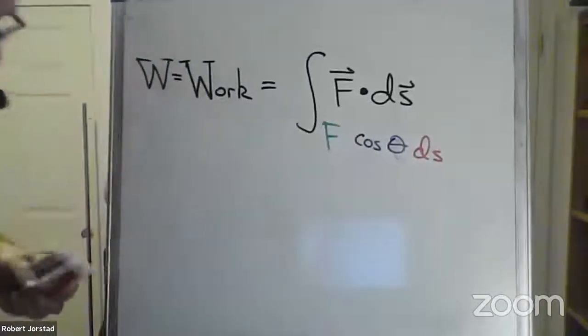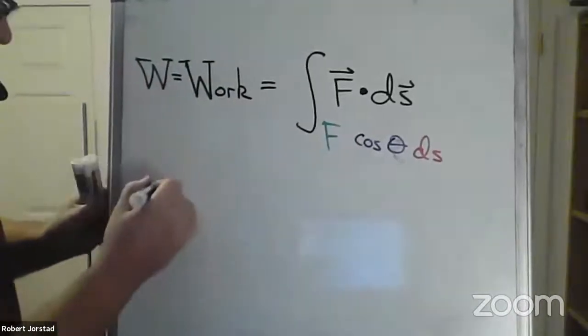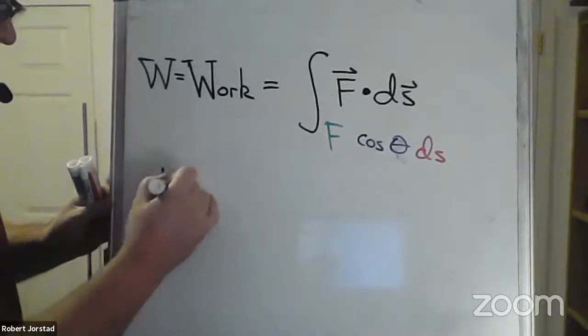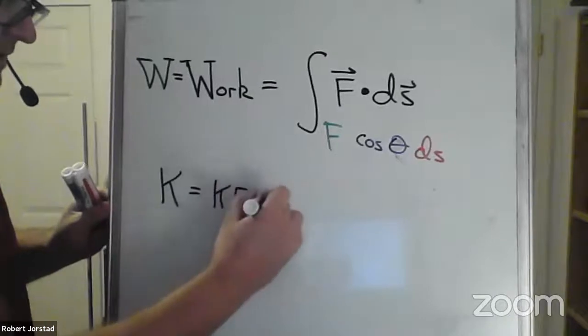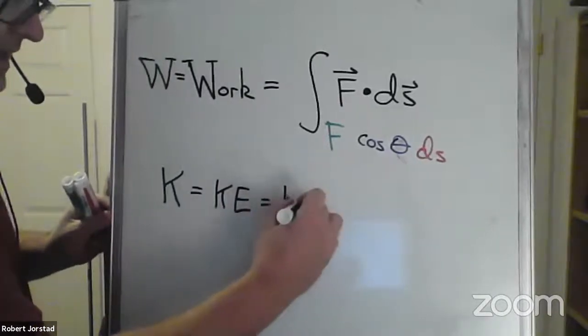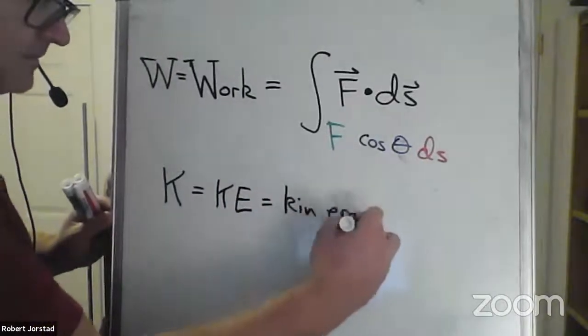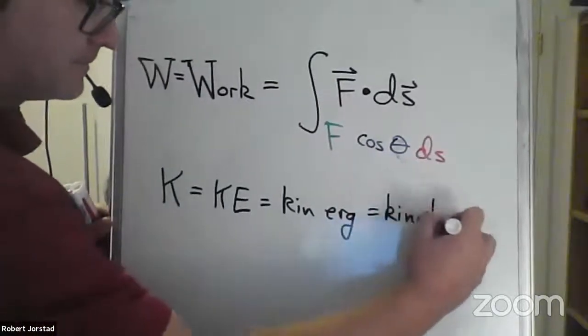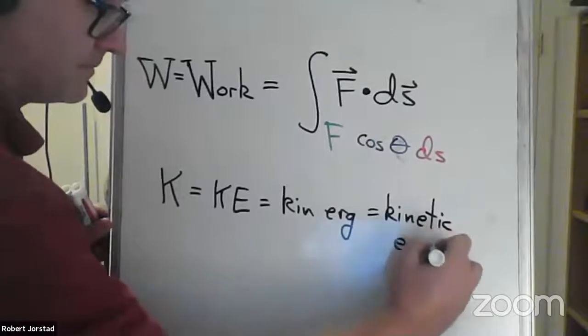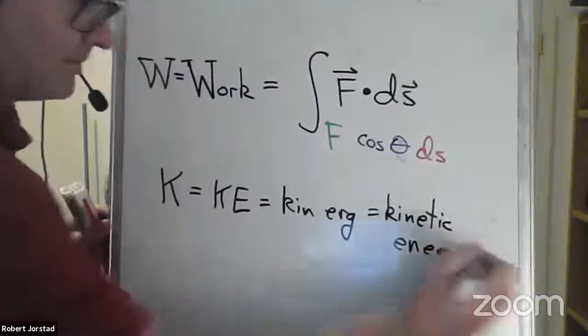Okay, now in this case, it turns out I'm going to talk about a thing I'm going to call K. Sometimes you'll see me write it as KE, or sometimes you'll see me write kin erg. So this is kinetic energy. This is a new term.